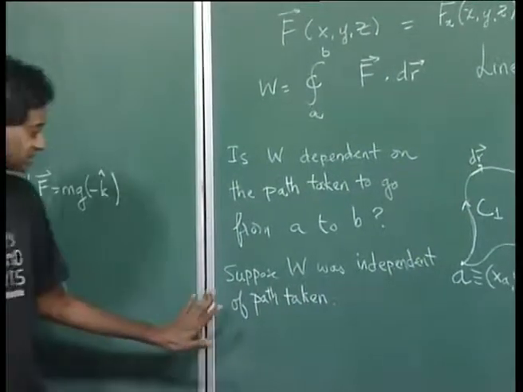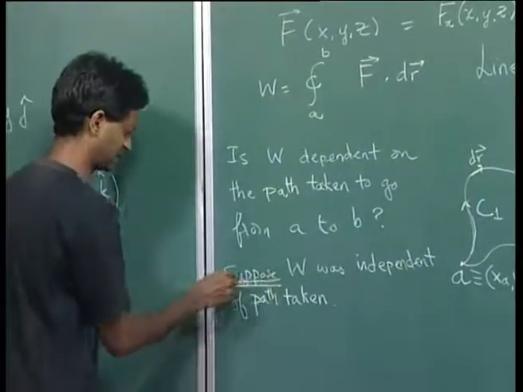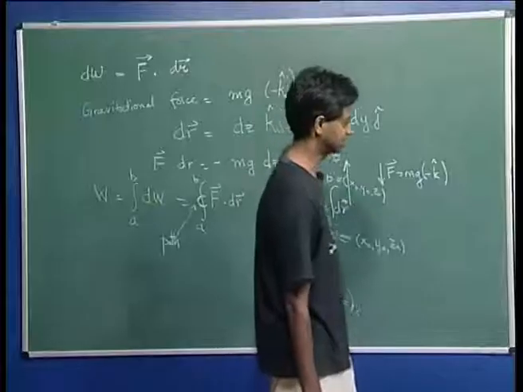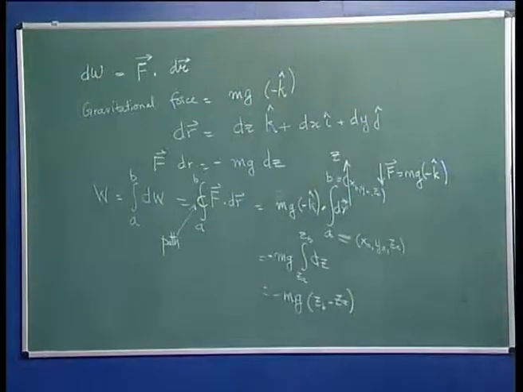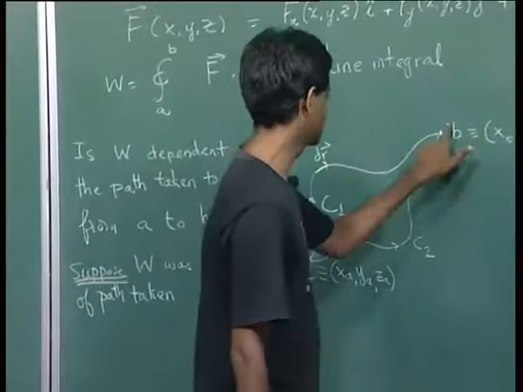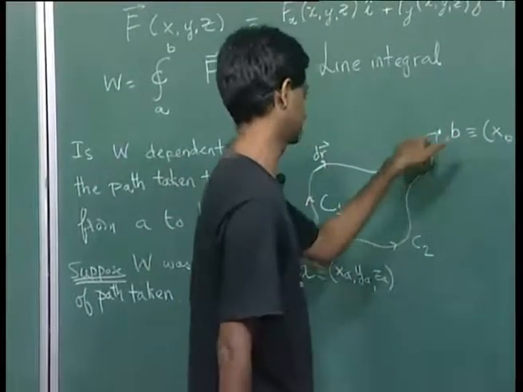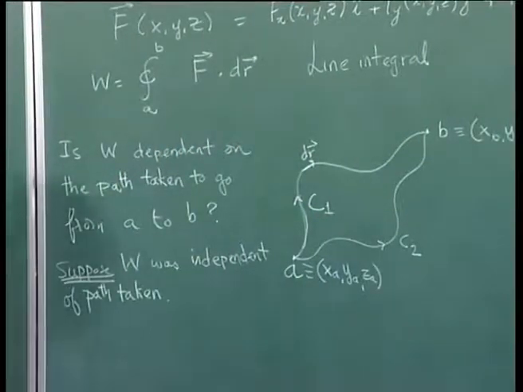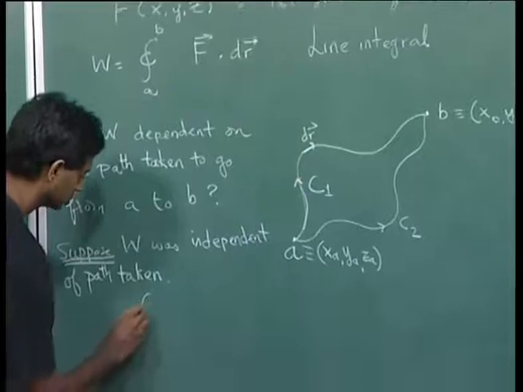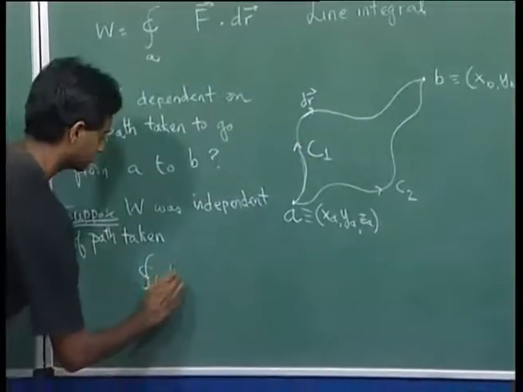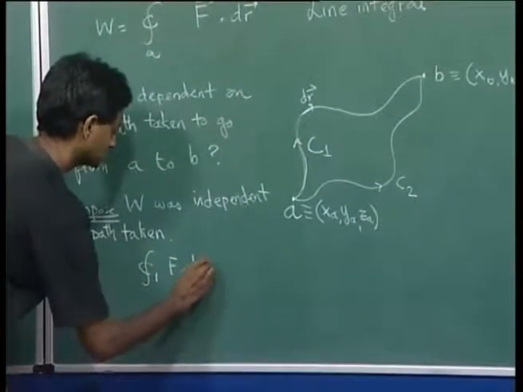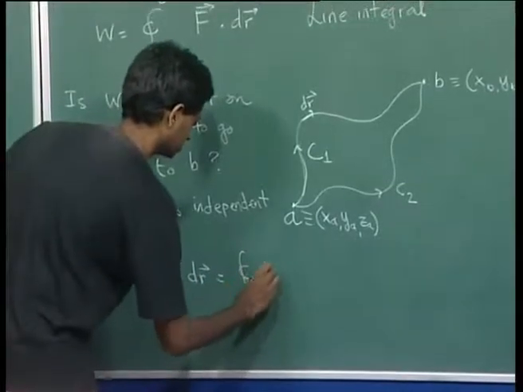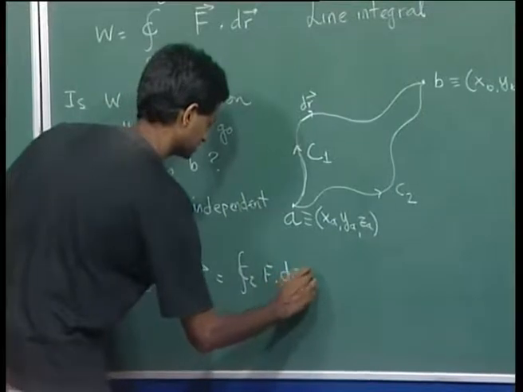So suppose this work W was independent of the path taken. So what happens in this case? Now you say that the work done in going from here to here is the same as work done in going from here to here. Okay. So you say that the integral over C1 of F dot dr is equal to the integral over C2 of F dot dr.